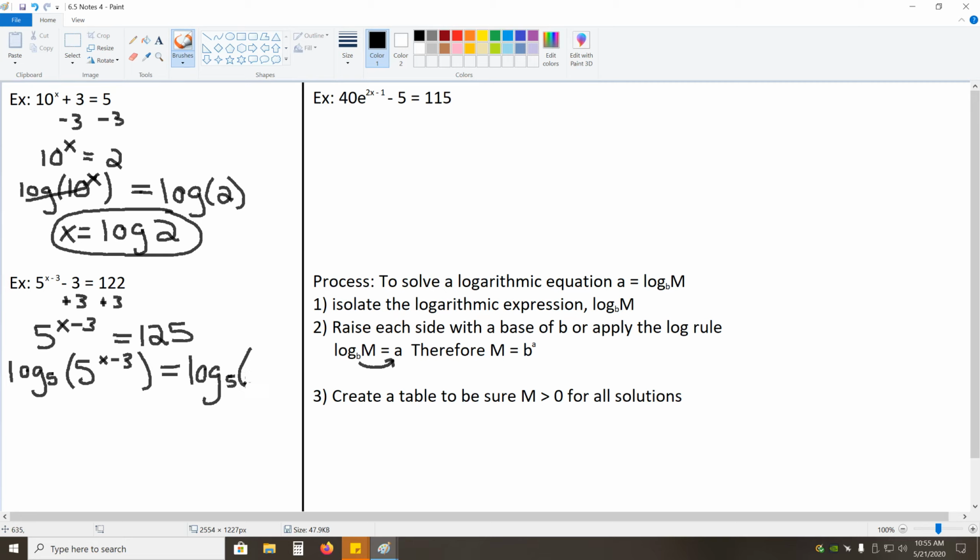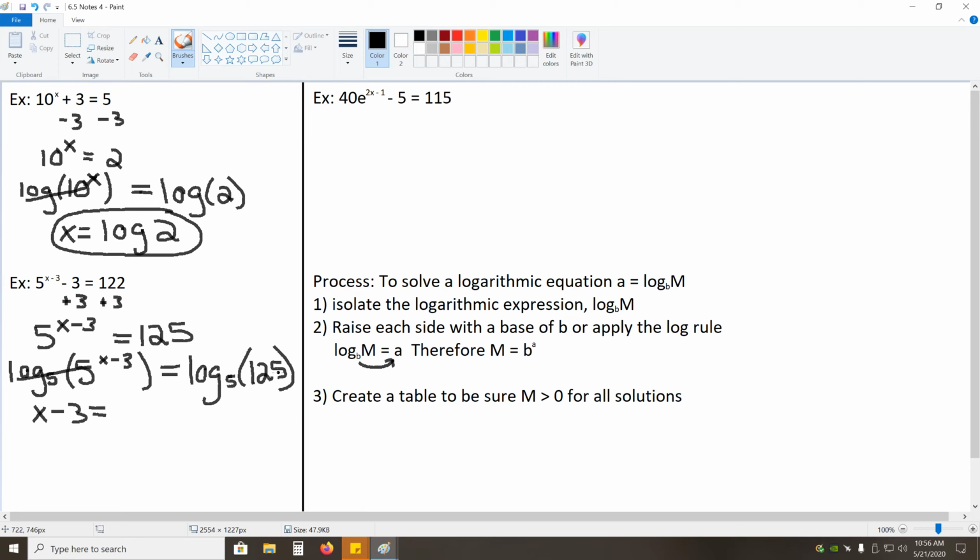Just a reminder, when we take log of each side of the equation, we are not multiplying by log, we're plugging each side into the logarithmic function. Okay, and when we do this, log base 5 of 5 will cancel out, leaving us with just x minus 3 equals log base 5 of 125.